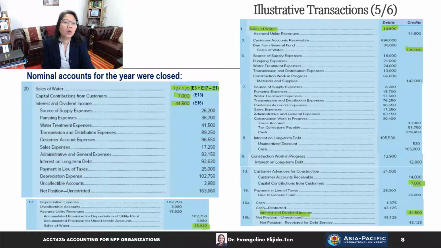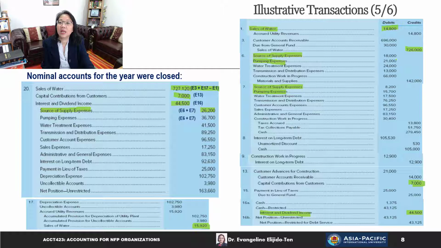All right. What are the expense accounts? So the first one is the source of supply expenses. These were recorded in entry 6 and entry 7. So the total of that, 18,000 plus 8,200, is 26,200. What about the pumping expenses? Again, it's shown here in entry 6 and entry 7.